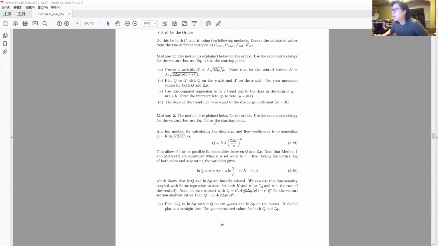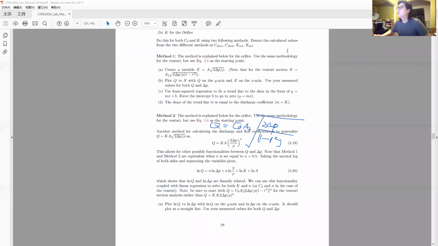If you remember, the Venturi is Q equal to CD A2 times 2 delta P over rho, 1 minus r squared.